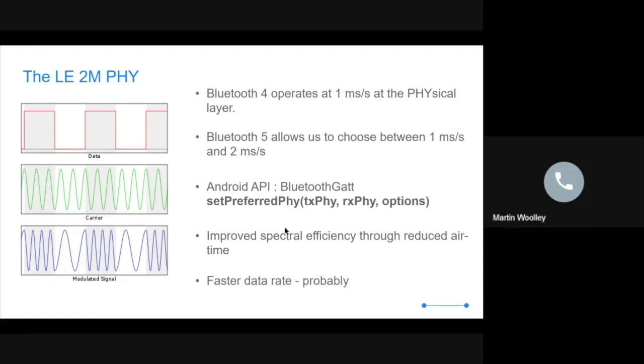Now, from an application, an API point of view, you have a method you can call called setPreferredPHY, and you can request one of the 3 supported PHYs independently for transmission and receive, and you'll get a callback to tell you what was agreed, because it depends what the remote device supports. Both must support LE2M if you're to be able to use LE2M, for example. The third PHY, by the way, I'm going to keep secret for the moment. We're going to come to it a bit later on.